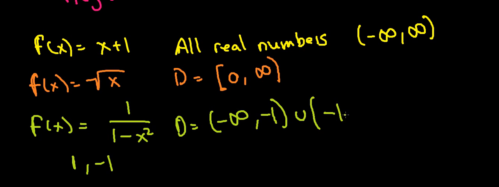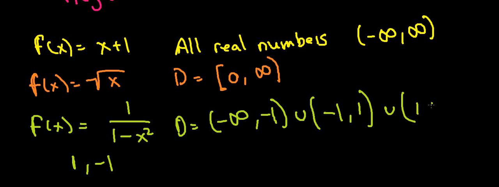We can have the numbers between -1 and 1. So numbers like -1/2, -1/4, -3/7, 0, 1/2, 7/8, all of those are included as well. But not 1 either. 1 is not included. If we put in 1, a 0 will result in the denominator. The equation will be undefined.